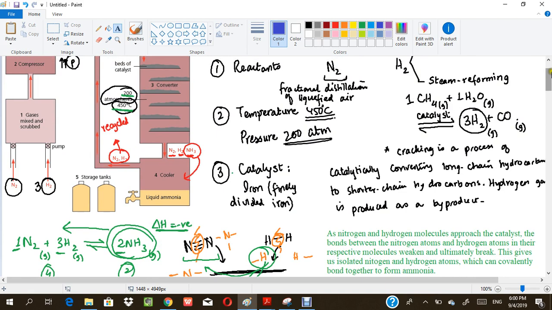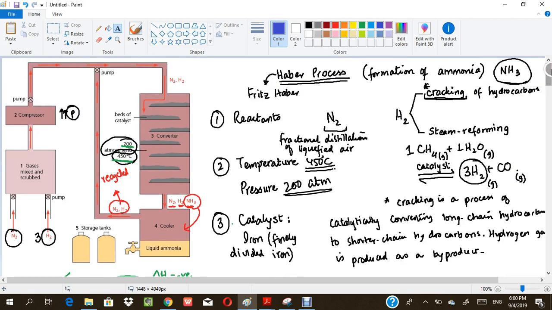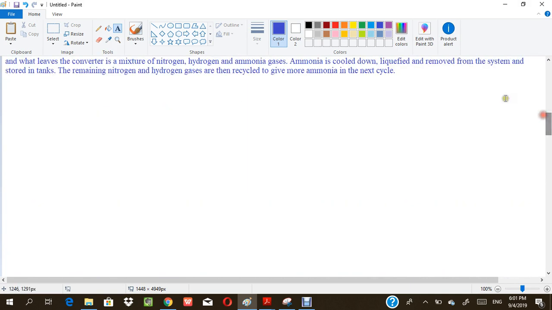Now let's take a look at the techniques that we use in this process to speed up the reaction, to shift the equilibrium in favor of the side that produces ammonia, and so on. So first, measures to speed up the reaction.